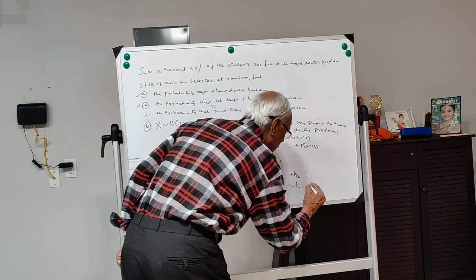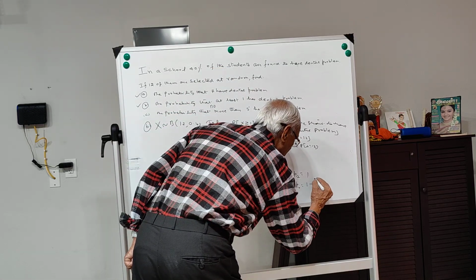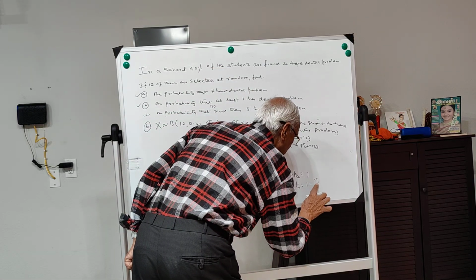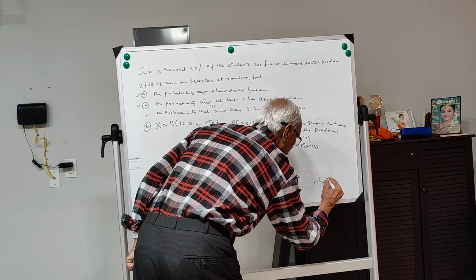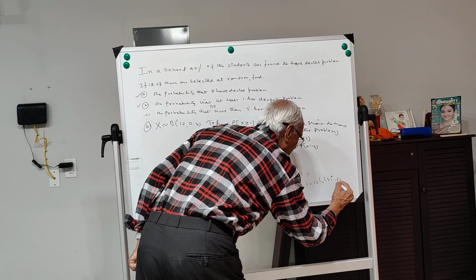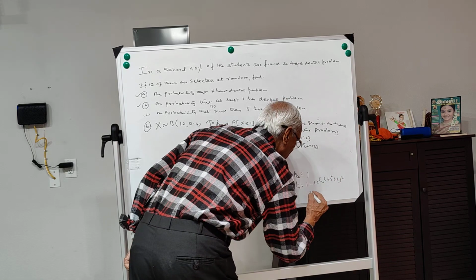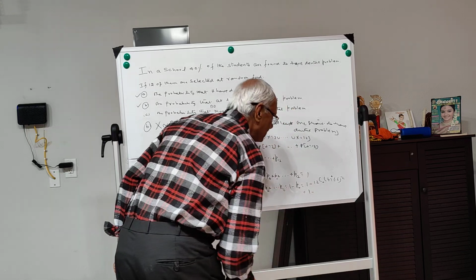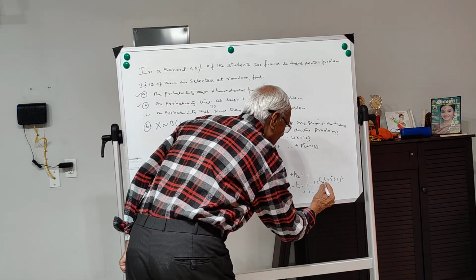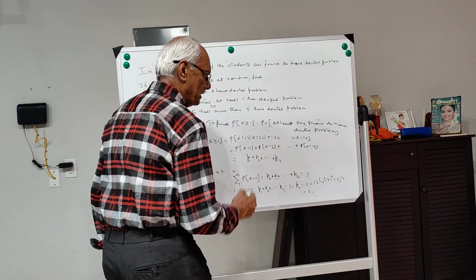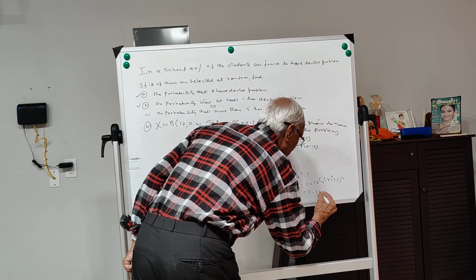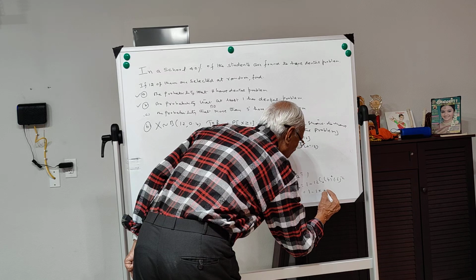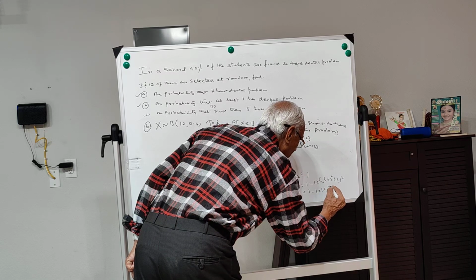So this is equal to 1 minus 12C0 into 0.4 to the power of 0 into 0.6 to the power of 12. Here 12C0 is 1, into 0.6 to the power of 12.